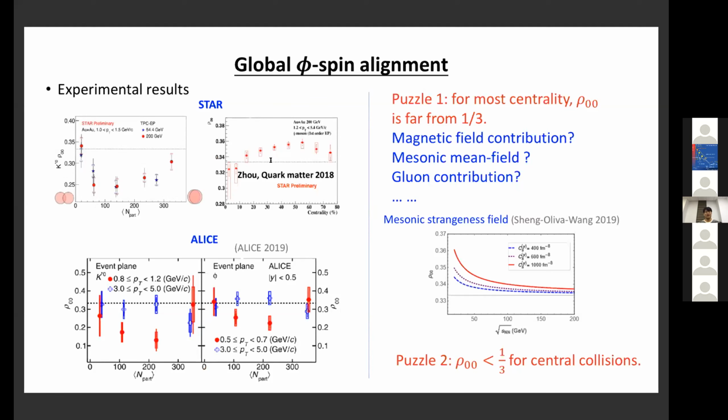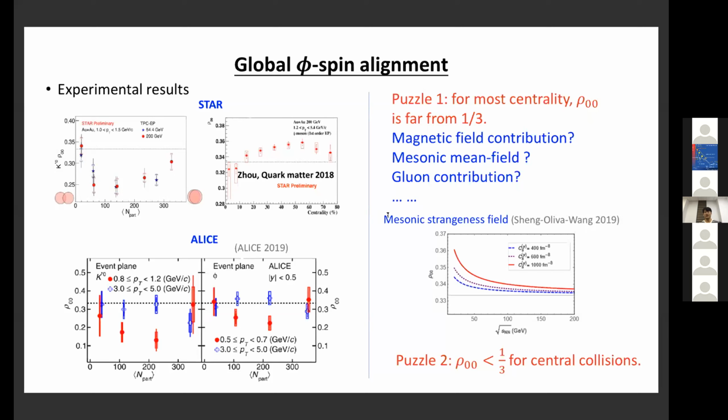It's almost 2 orders of magnitude bigger than the expectation from vorticity, in both the STAR case and the ALICE case. So this is one big puzzle we don't understand.